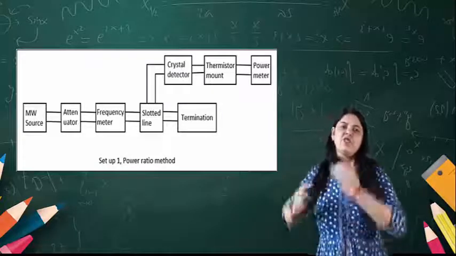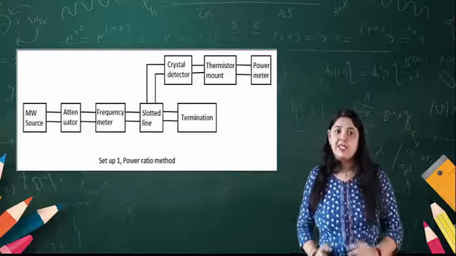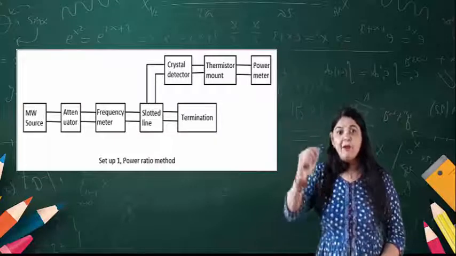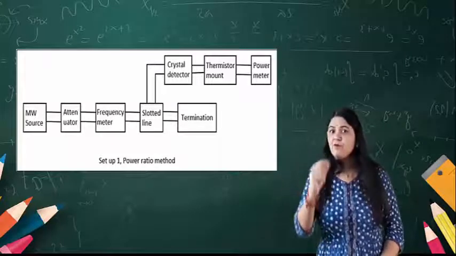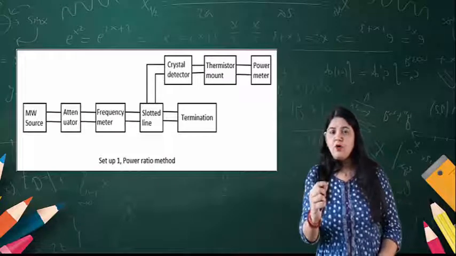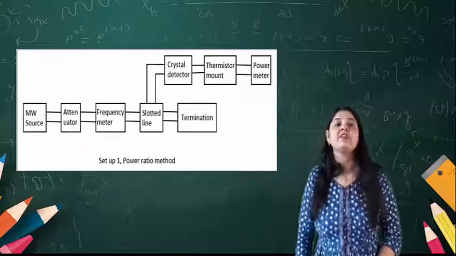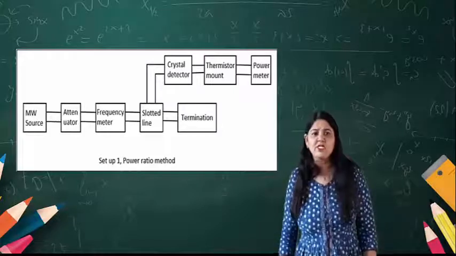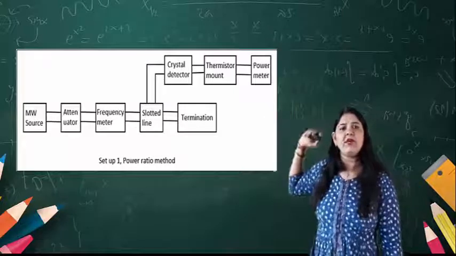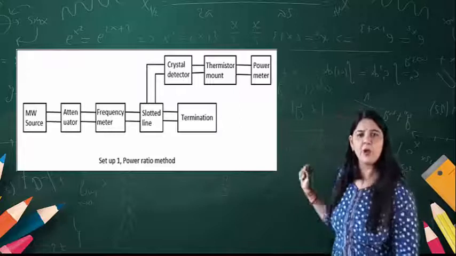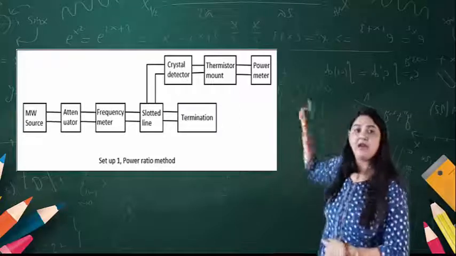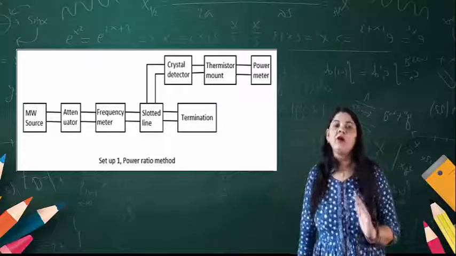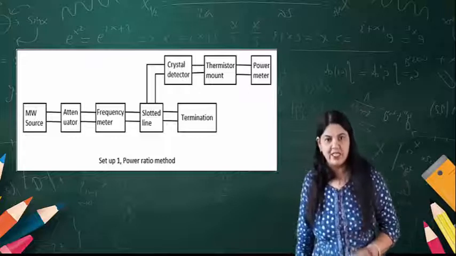Now that signal travels through the slotted line section. You may have a probe, and by using that probe you can connect the crystal detector over here. That detector will detect the signal and it is given to the thermistor mount, and we have the power meter for taking the output.